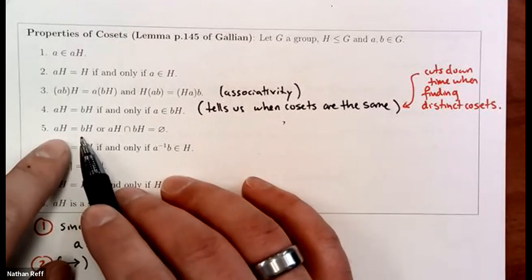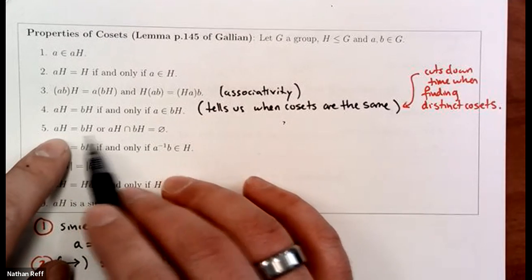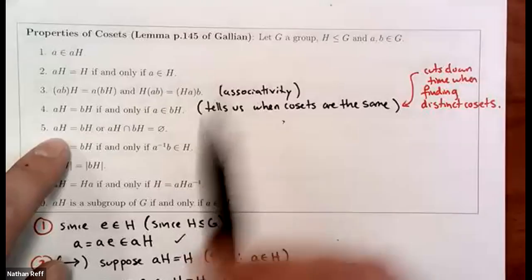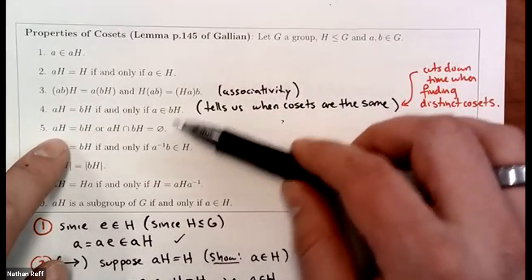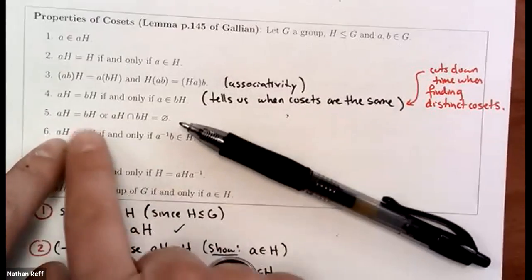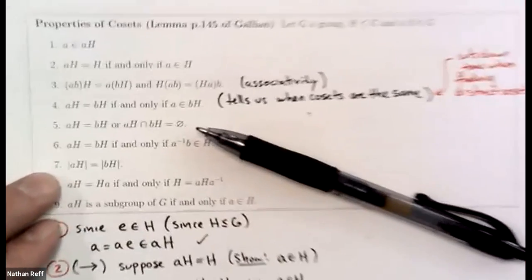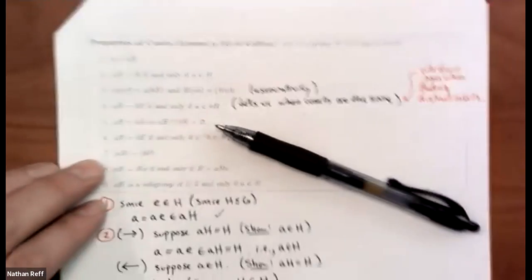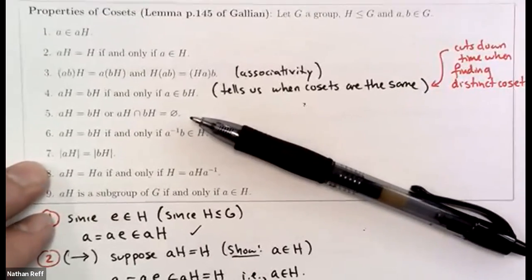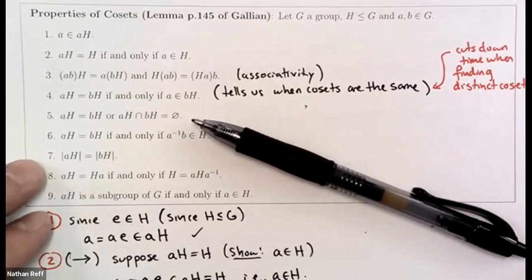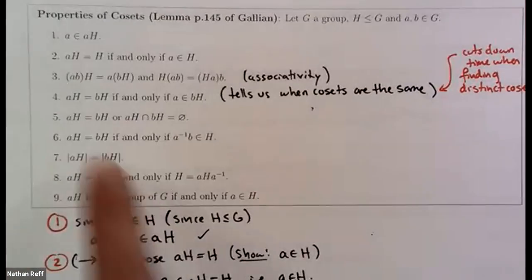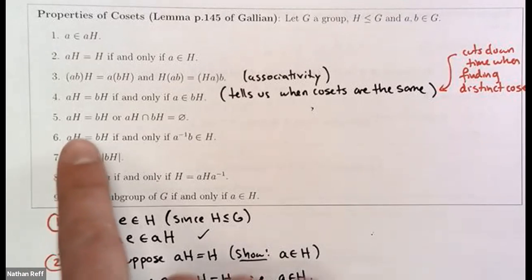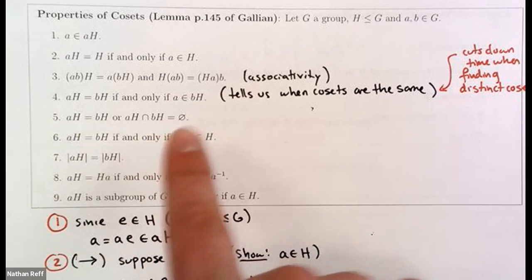5 is another way. What does this remind you of? You guys notice you've seen something like this? So this is saying these two cosets. All right, that actually made it worse. Never mind. Thought I was going to be able to use that zoom feature very fast. Okay. These two cosets are either the same or they are disjoint.